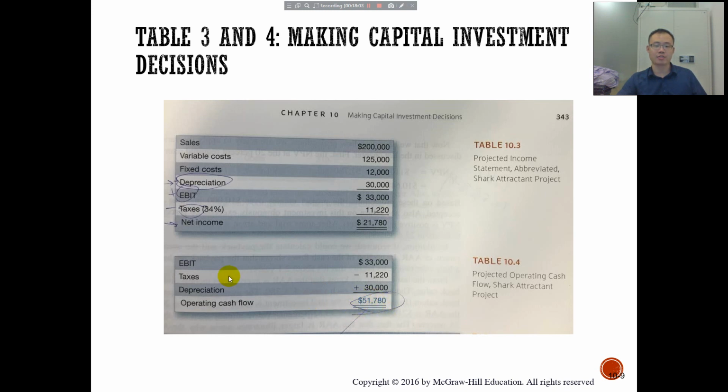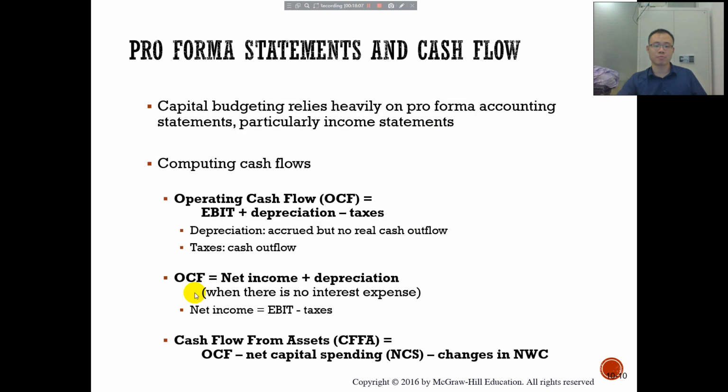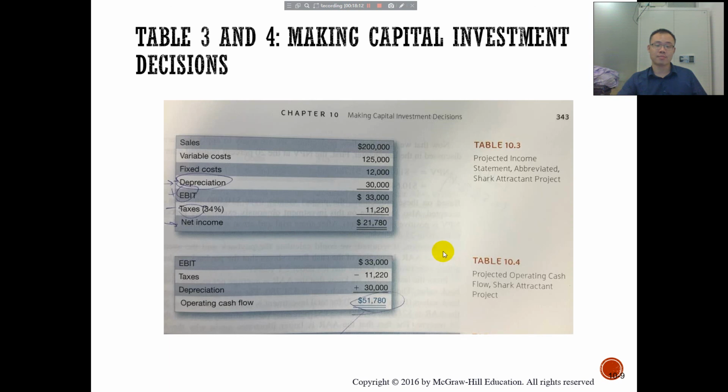The operating cash flow is EBIT minus taxes plus depreciation. Why is that? What is operating cash flow? The operating cash flow is the real amount of money that you receive as owner at the end of the period from this particular project.